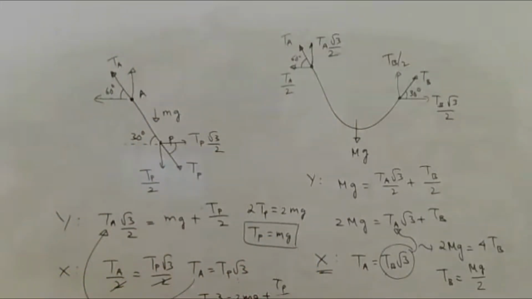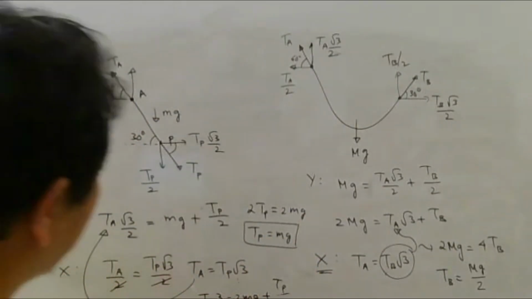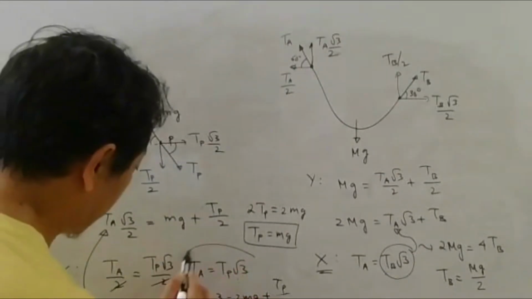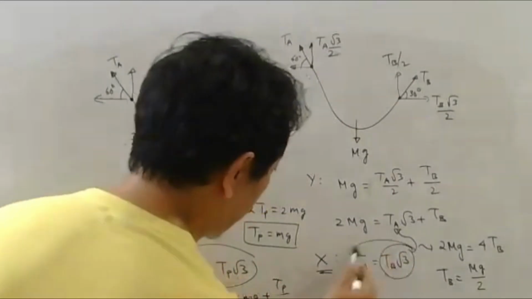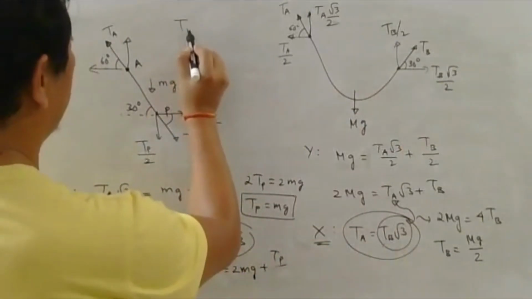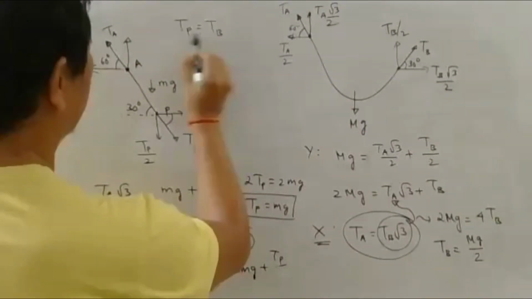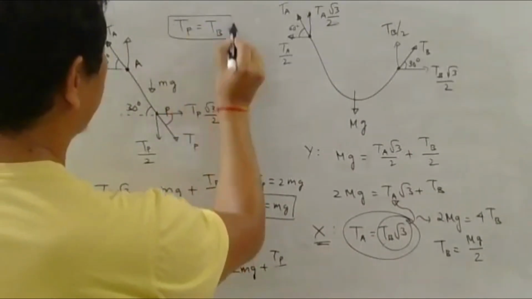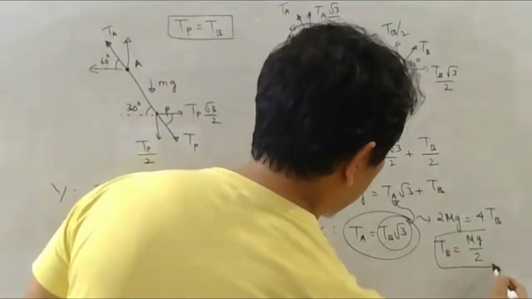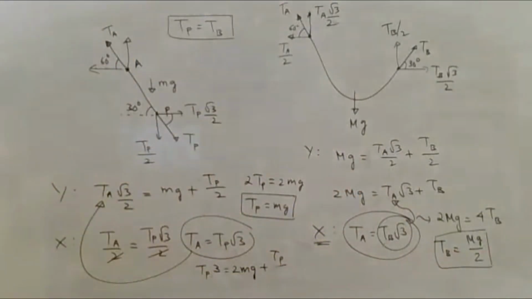Now, did you notice that TP and TB are same? Because from x equation of this and x equation of this you check. So from this equation and this equation, what did you notice?